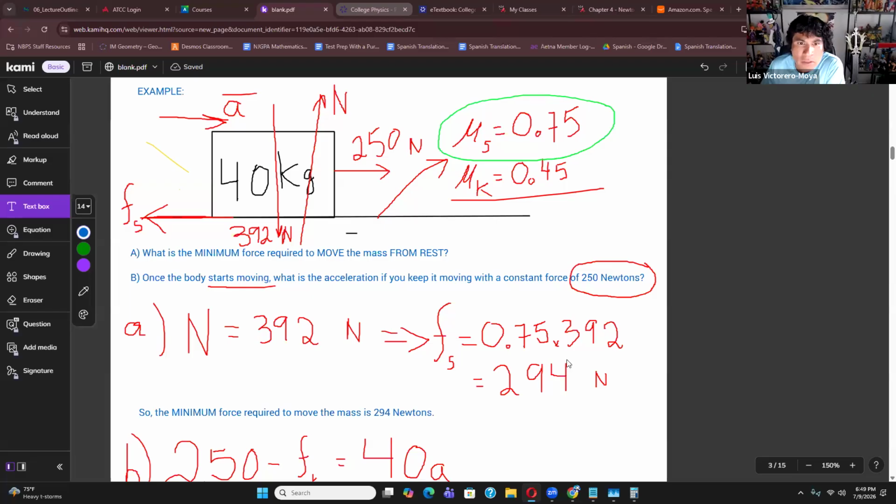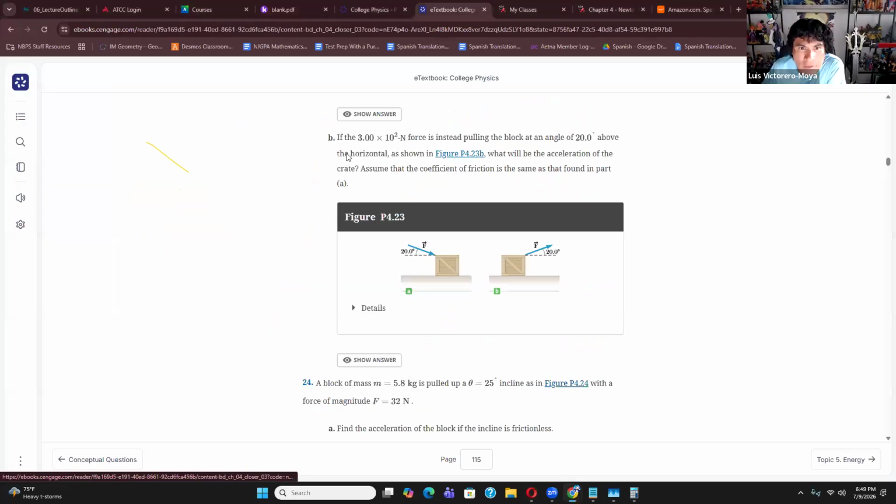This one here. So let's read this. It says if a 300 newton force, so F is 300, is acting on a body like this or like this.